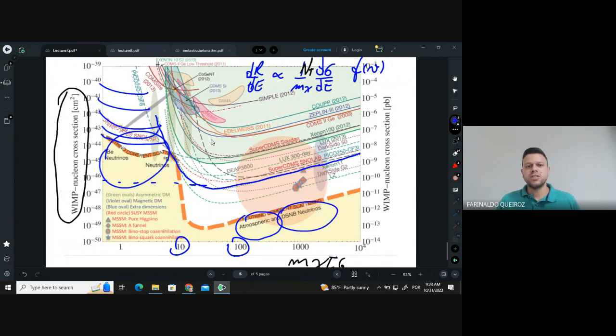So you have solar, atmospheric, and supernova neutrinos. They'll always be reaching us, no matter what you do. We've measured them already. That's why there's a line there. As you can see, these experiments are, let's say, 2 orders of magnitude away. But as we move down the sensitivity, at some point we're going to be probing cross sections like this red line here.